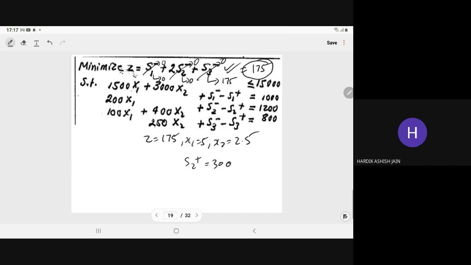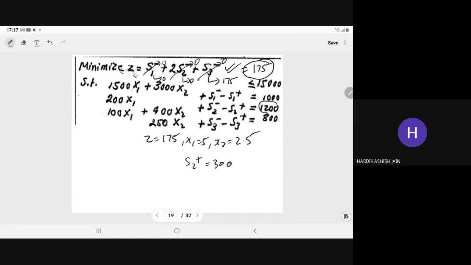So what is the meaning of s2 plus is equal to 300? Goal 2 is over satisfied, overachieved by amount 300.